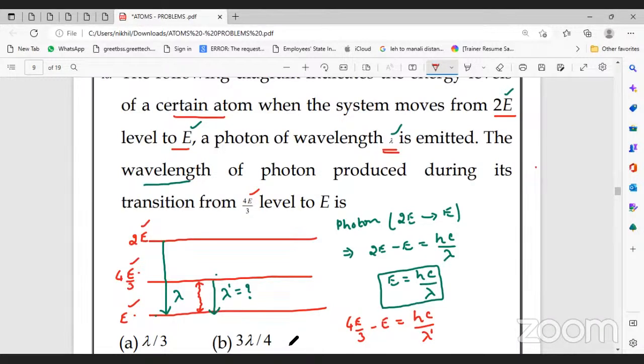Correct, no? When the photon takes a transition from 4e by 3 to e, the difference in the energy is 4e by 3 minus e, that is equal to hc by lambda dash.